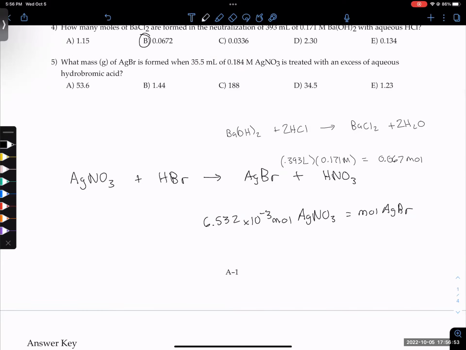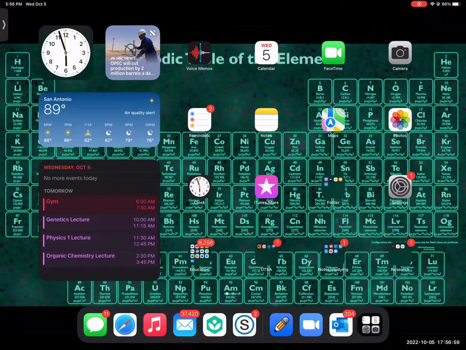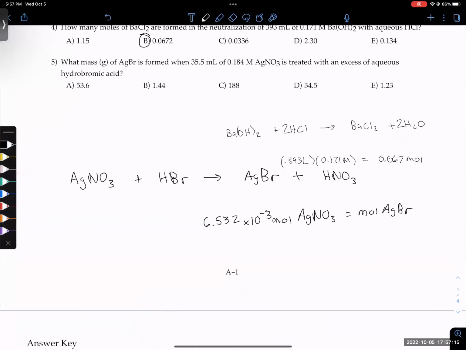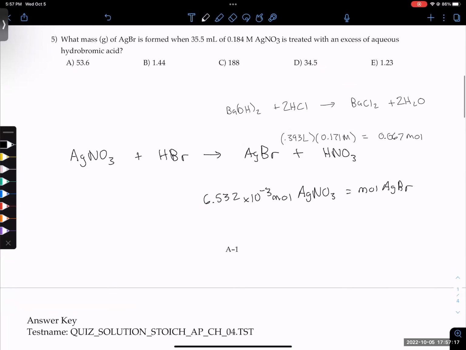And we're gonna multiply that by the molar mass of AgBr, which is pretty large, right? So times silver, 107.86, plus bromine, 79.9, from the periodic table. So I get an answer of 1.23 grams.